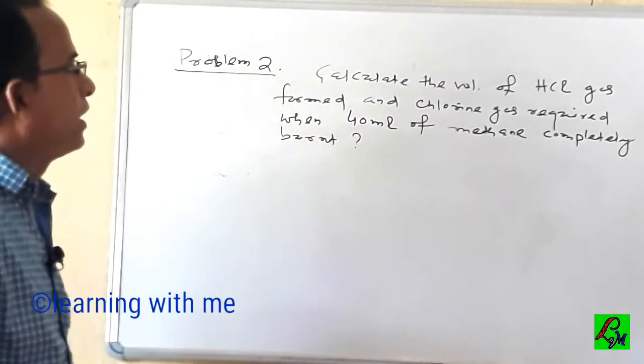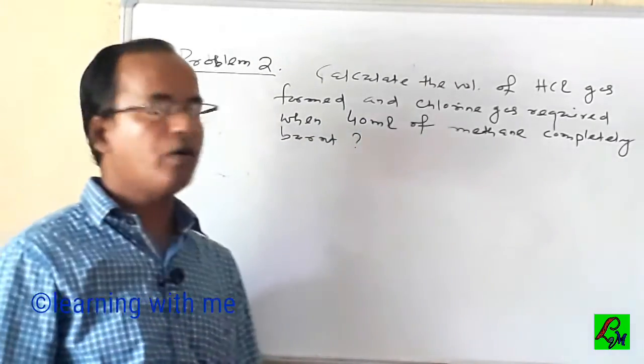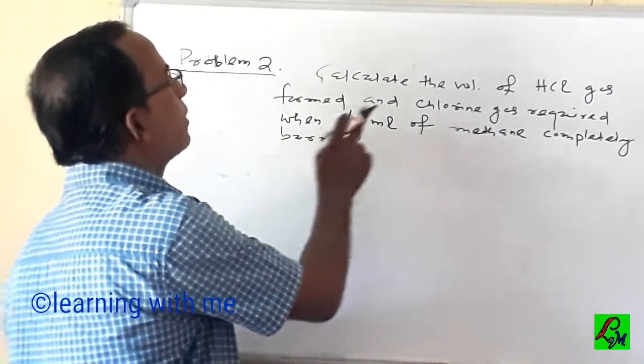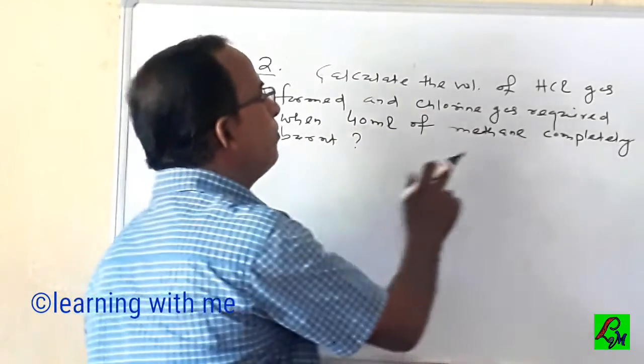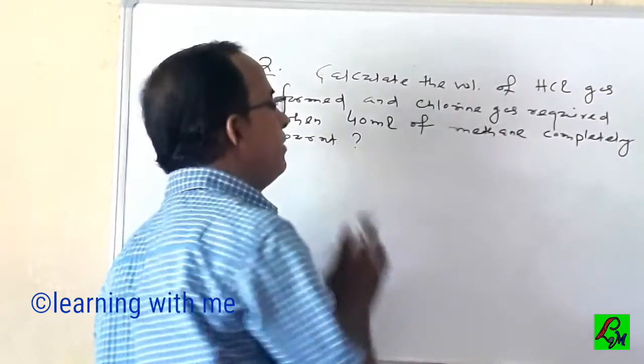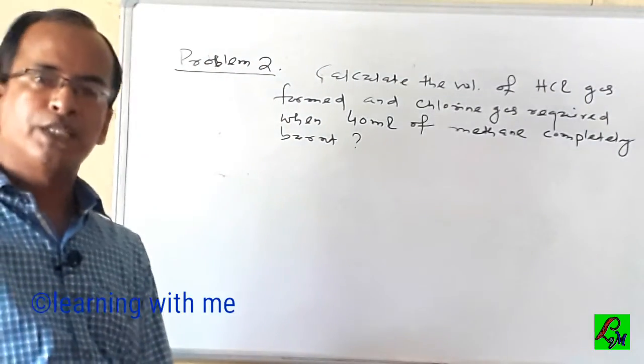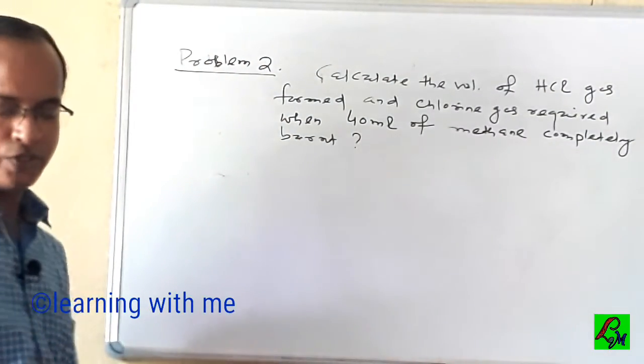The question is, calculate the volume of HCl gas formed and chlorine gas required when 40 ml of methane is completely burnt.